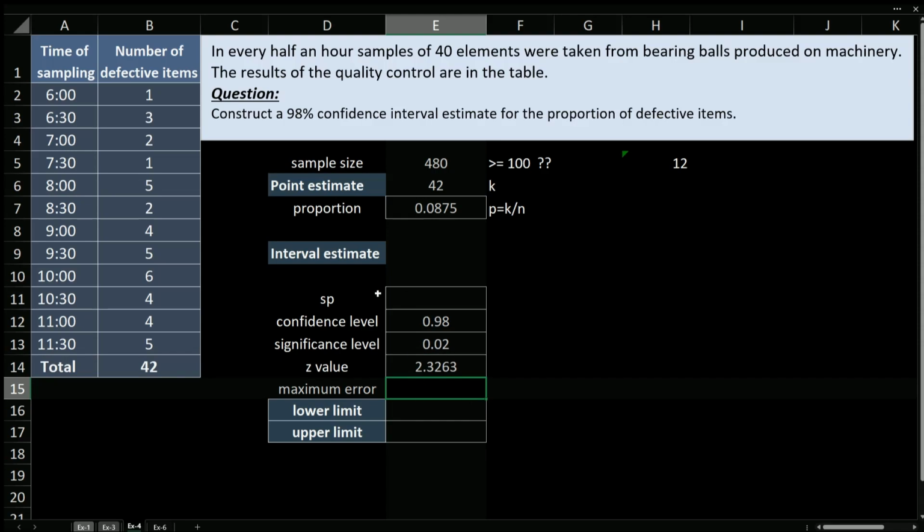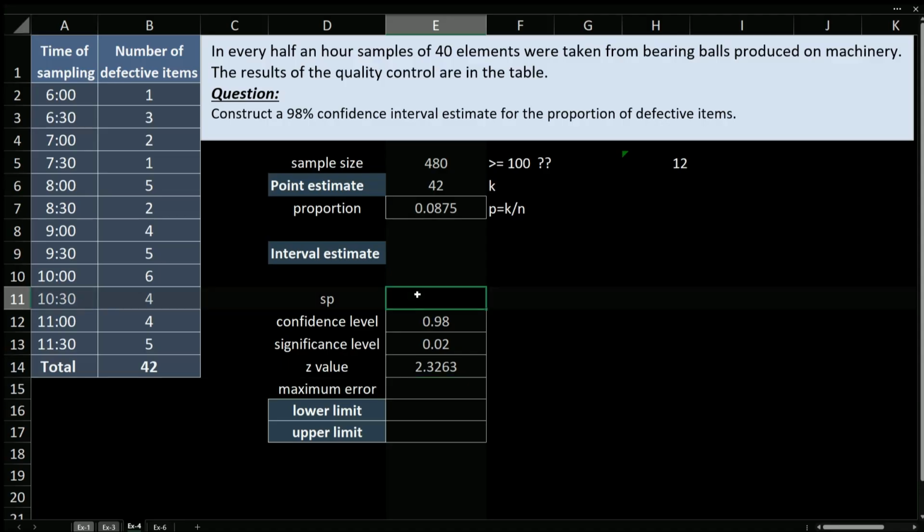Now for maximum error, I need the standard error first. Standard error for proportion is sqrt of p times q, but q is 1 minus p, so I can write again 1 minus the same value, divided by n.